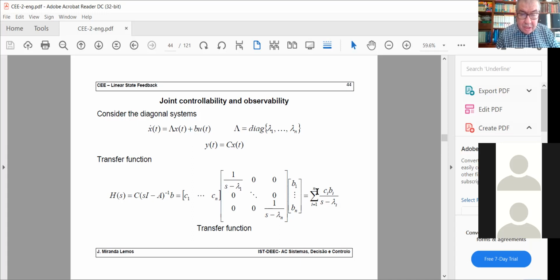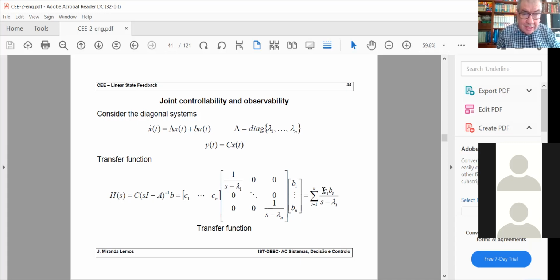The zeros do not appear here because I'm summing these terms, constant divided by s minus lambda. But when I do the sum and reduce the transfer function to a common denominator, which is s minus lambda 1, s minus lambda 2, etc., then I will also have zeros. And if I have pole zero cancellation, then the order will not be n, it will be smaller because some of the poles will be cancelled.